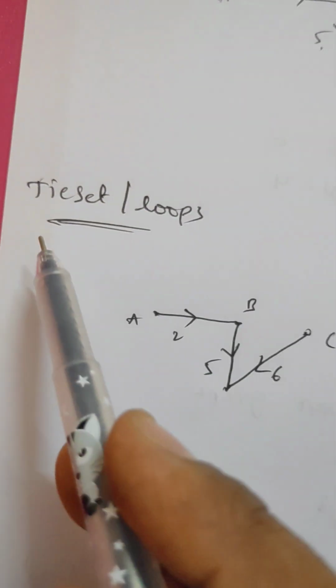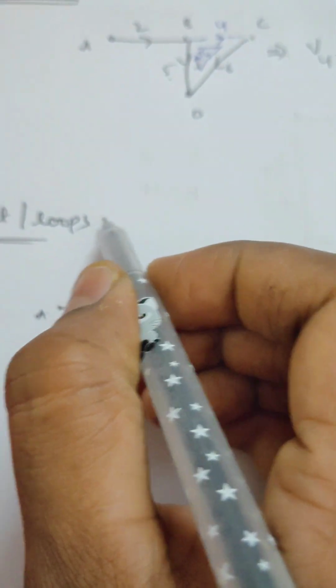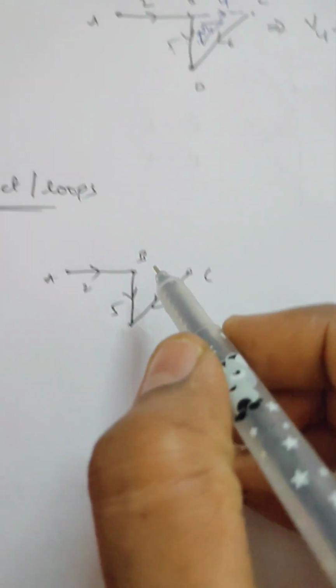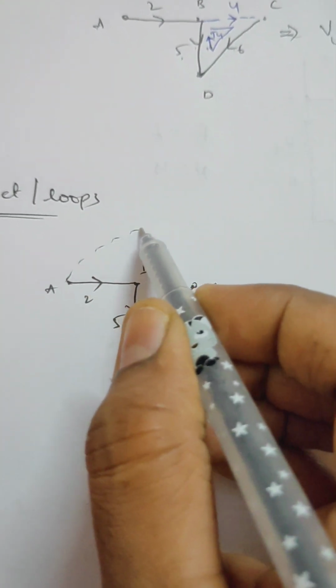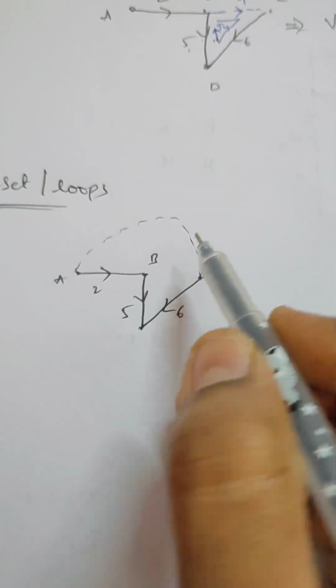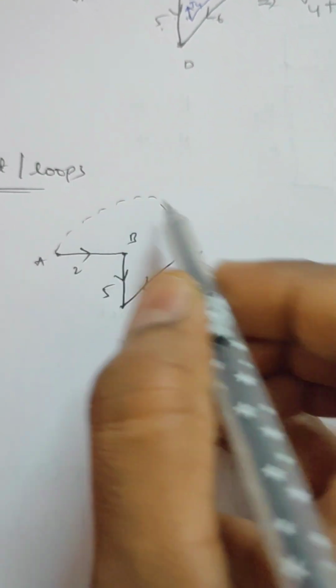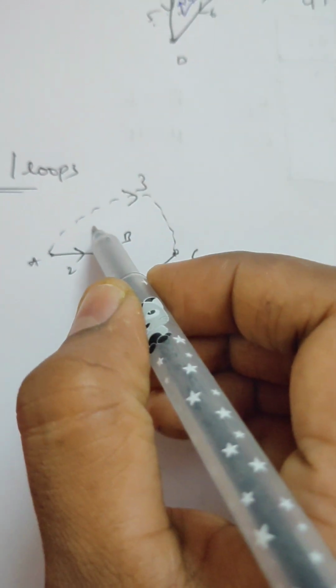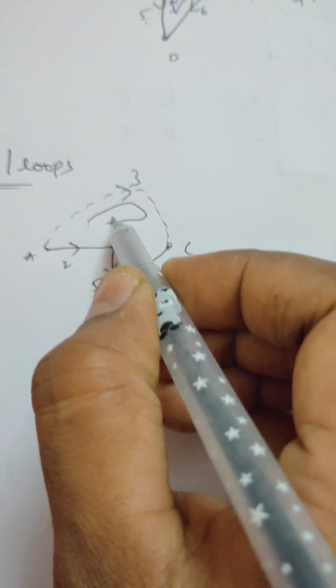Then similarly consider tie set or loop 3. This is the loop 3 configuration. Here the link is A to C. By tying this link, it is going to form one closed loop. This branch is 3, and its direction is towards 3.